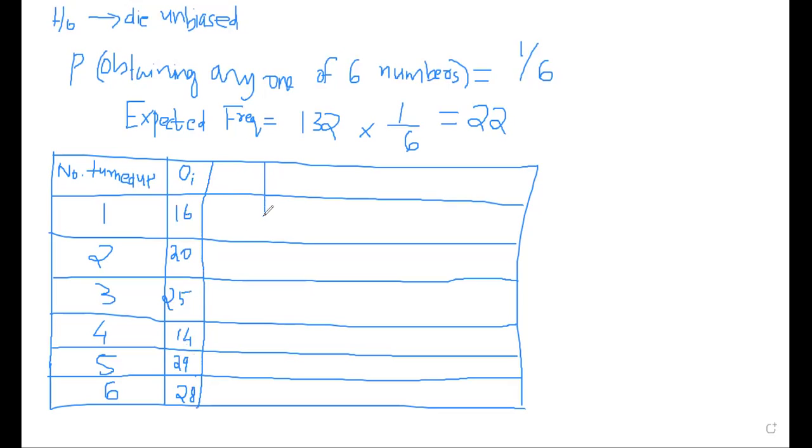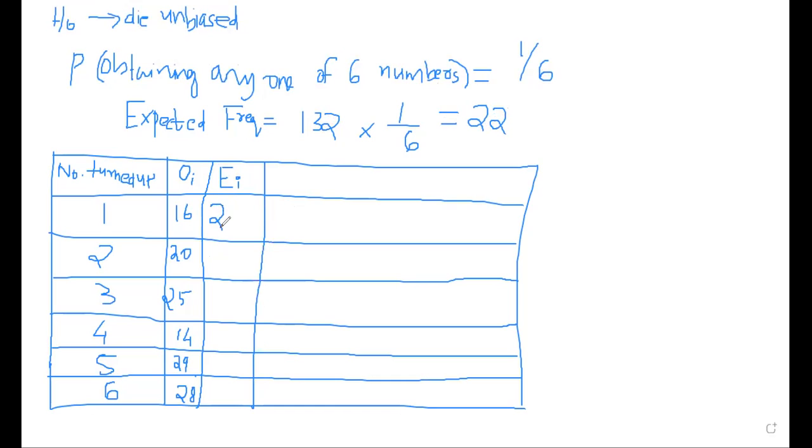Then the next column is the expected frequency, which I will write as EI. Since the die is unbiased, the probability of any one of 6 numbers is 1/6, so the expected frequency is 132 into 1/6, that is 22.